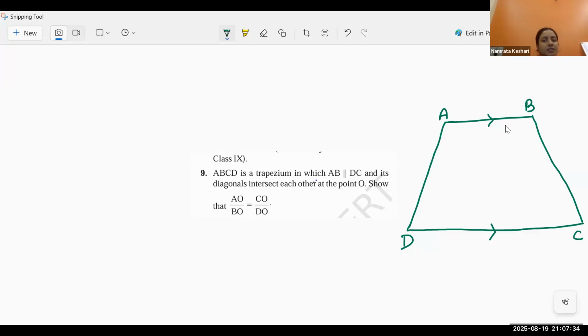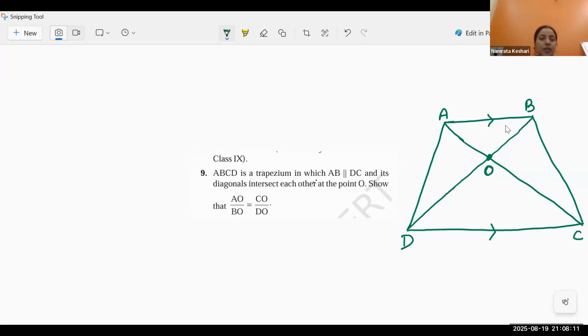So it is given that AB and CD are parallel and its diagonals intersect each other at O. This much is given over here. And what are we supposed to prove? AO by BO equals CO by DO. Can you see AO, BO, CO, DO over here?